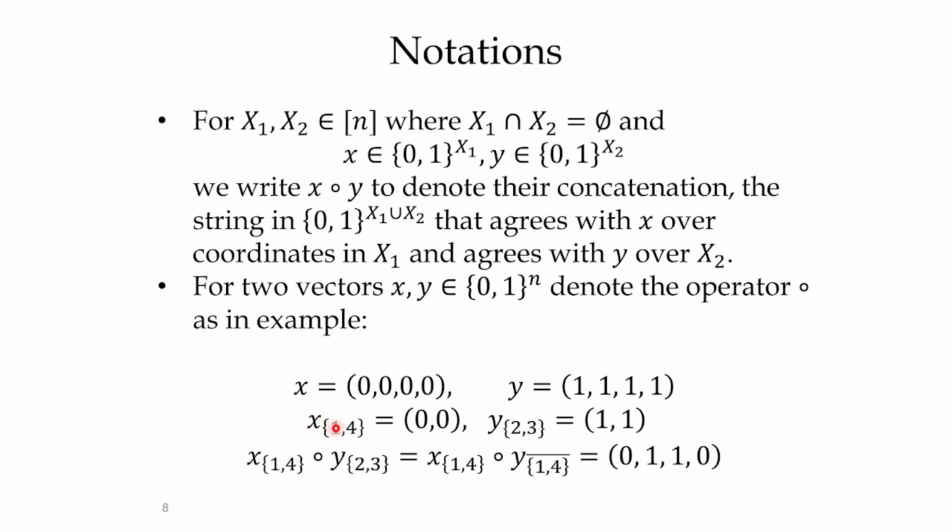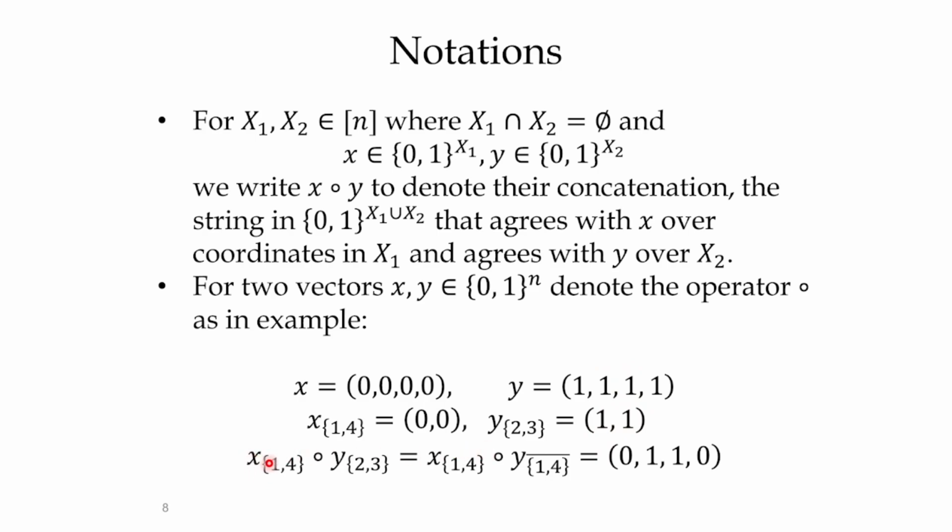If we take x_{1,4}, then we go for the first index of x and the fourth index of x, and we write them down, 0 and 0. For y, if we take the second and the third index, then we get 1 and 1.